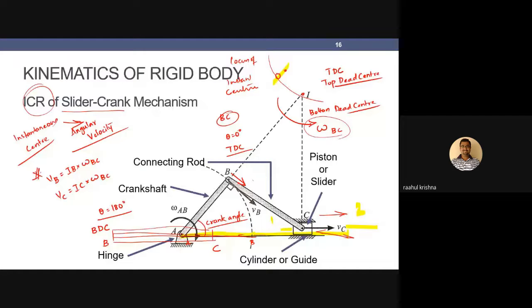Now in this particular case, how do I get the length? To obtain the length, I'll be using the sine rule. Can we recollect what is meant by sine rule? What does the sine rule say? Can we apply the sine rule for this triangle IBC?